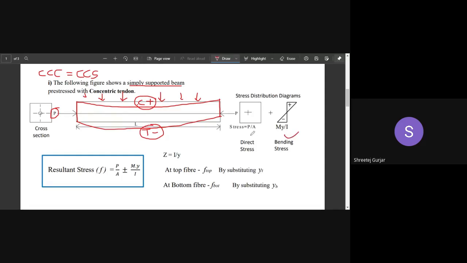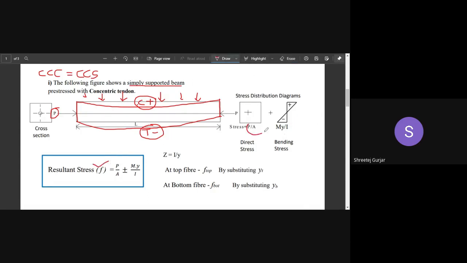So these two have to be added in order to get your resultant stress, that is F. You can see there is an addition sign over here. So that is what is written over here, resultant stress.